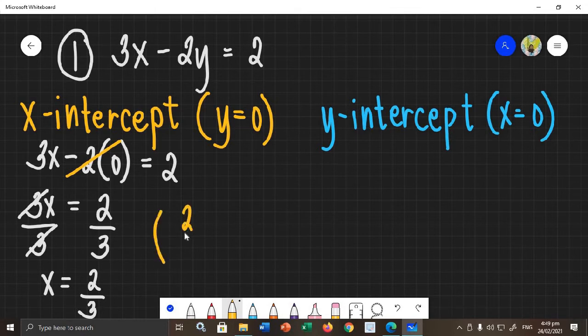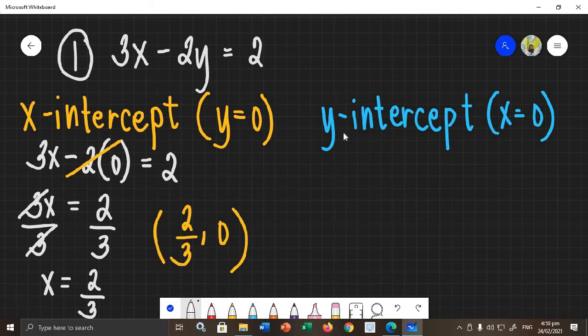So, it should be like this. 2/3 and then the value of your y is 0. So, si x-coordinate mo, yun yung sinolve mo, which is 2/3. Si y-coordinate mo, you already assume na y is equal to 0. So, 2/3 and 0 is your x-intercept.